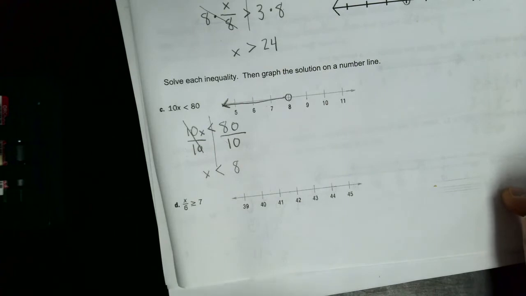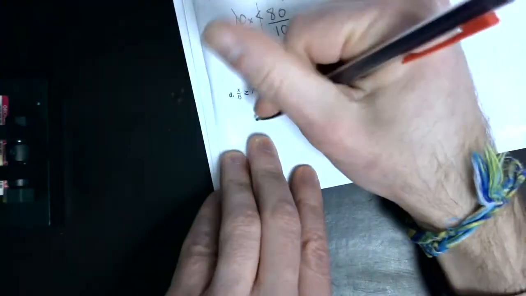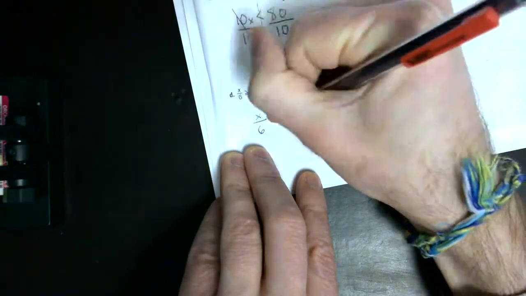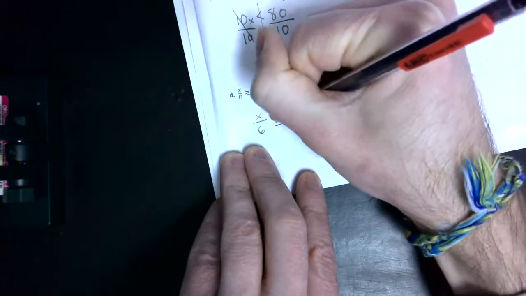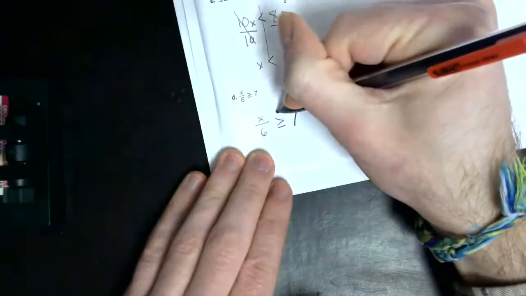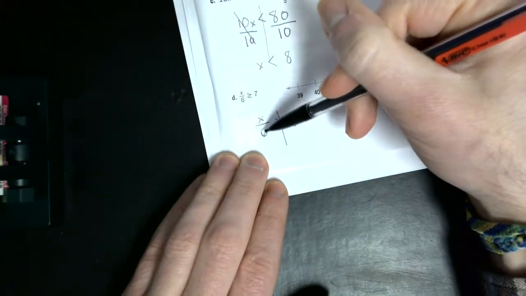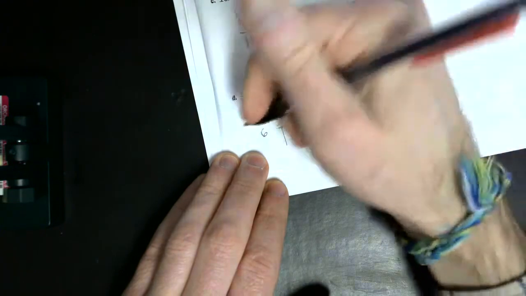Okay, the last one on this page, you can try it on your own. You can do it with me. It's up to you. X divided by 6 greater than or equal to 7. Okay, so I'm going to make the wall. We have an x divided by 6. We want to get rid of that divide by 6.